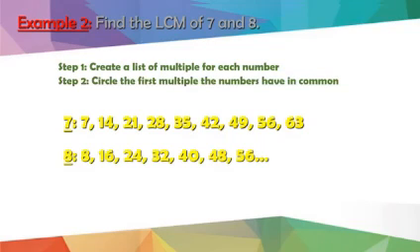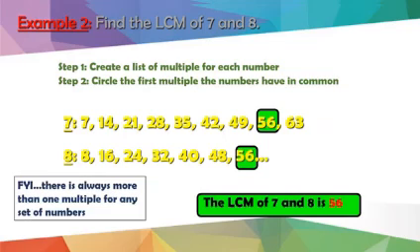Second step, circle the first multiple the numbers have in common. 56 and 56. So 56 is the LCM of 7 and 8. So there is always more than one multiple for any set of numbers.